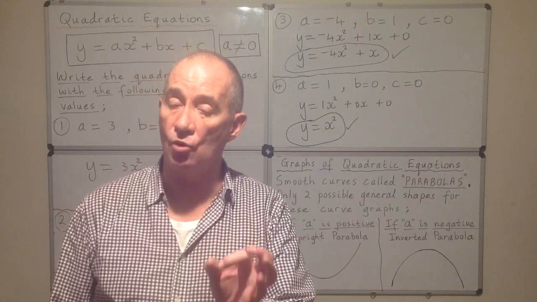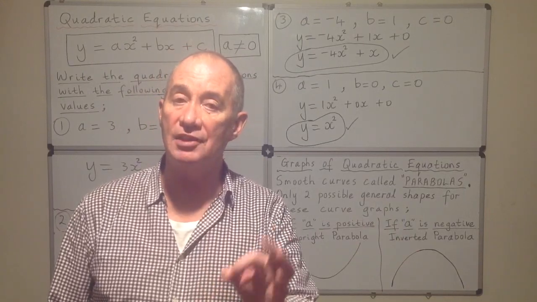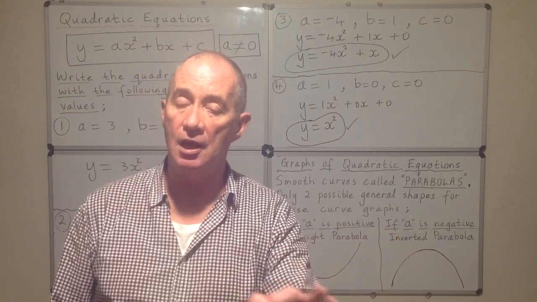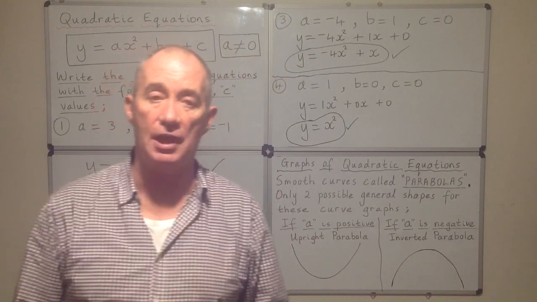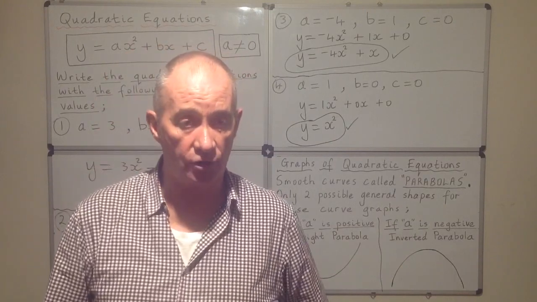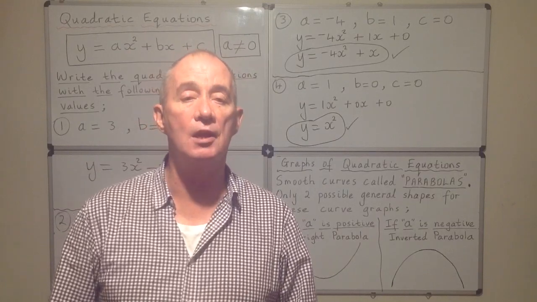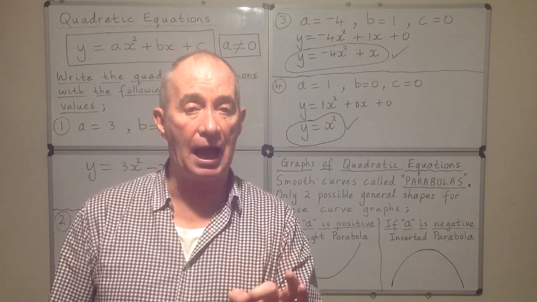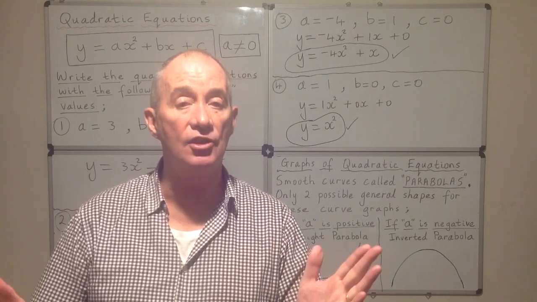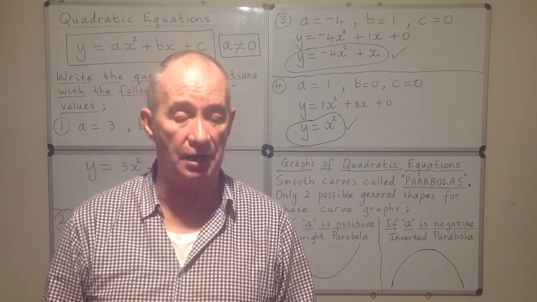The size or the magnitude, and when I say the size and the magnitude, I just mean the number part of the a value, ignoring whether it's positive or negative, determines the width of the quadratic equation curve, or the width of the parabola. And the way it works is this: the bigger or the larger the size of the a value, the skinnier the parabola graph becomes.